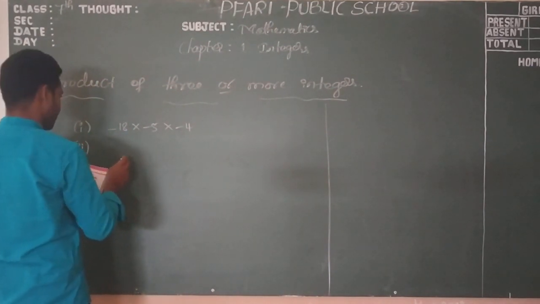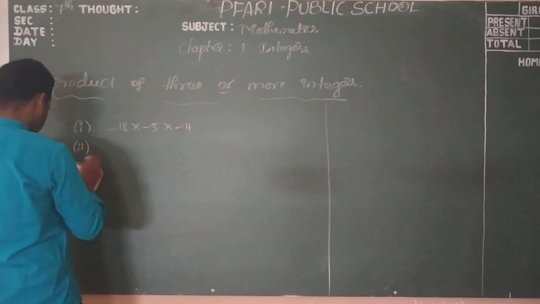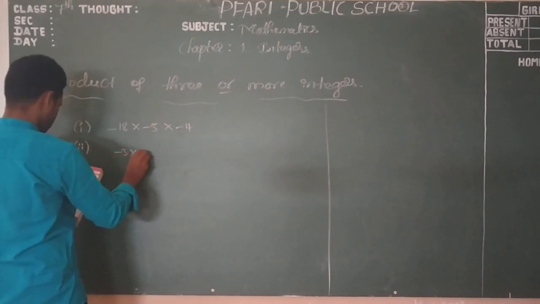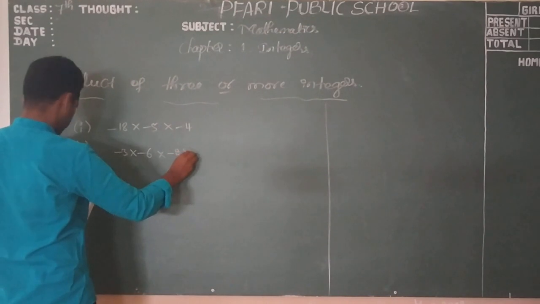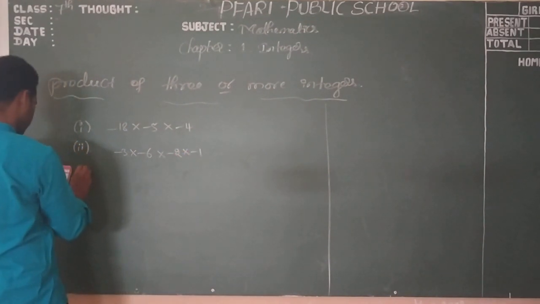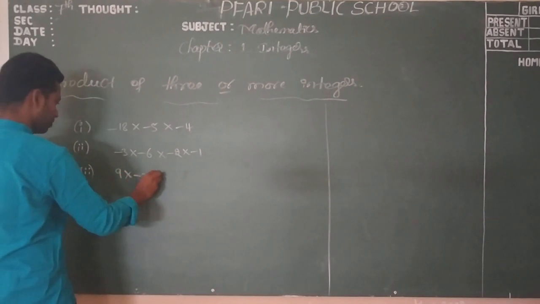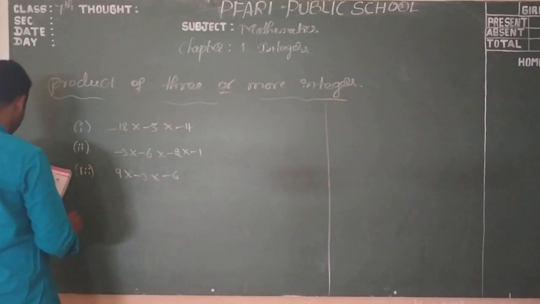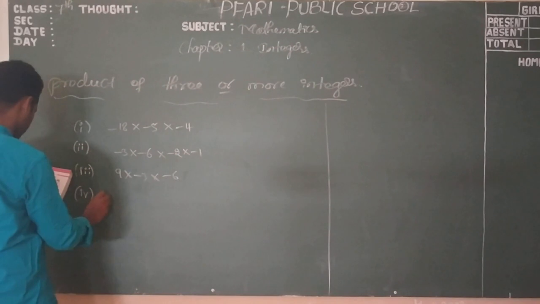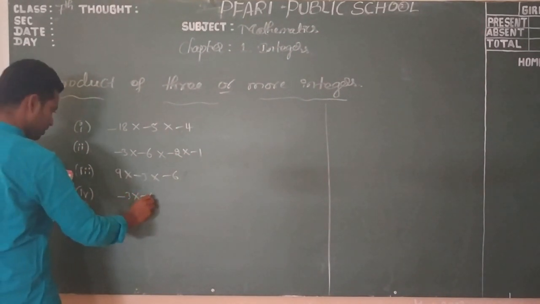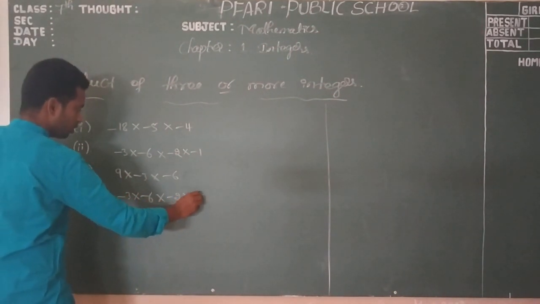Do these problems as homework. Minus 3 into minus 6 into minus 2 into minus 1. 9 into minus 3 into minus 6. And the fourth one is minus 3 into minus 6 into minus 2 into minus 1.